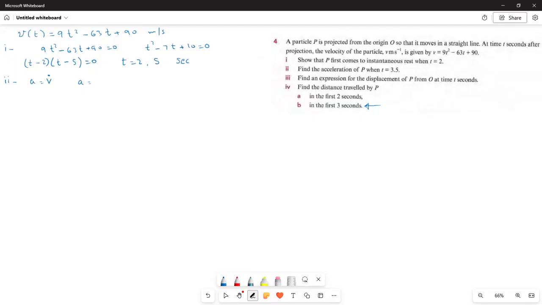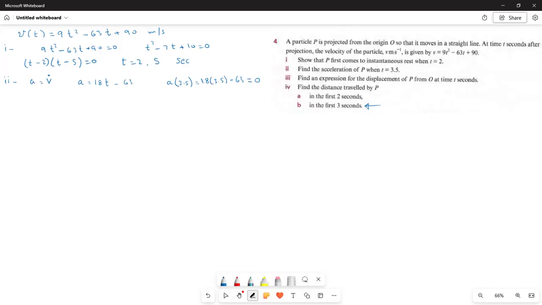When I differentiate this, the acceleration will become 18t minus 63. Now we need to find the acceleration when t is 3.5. So 18 times 3.5 minus 63 gives the answer 0. So at 3.5 seconds, the acceleration was 0.